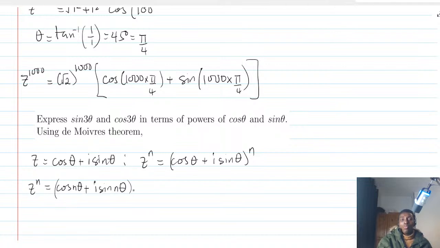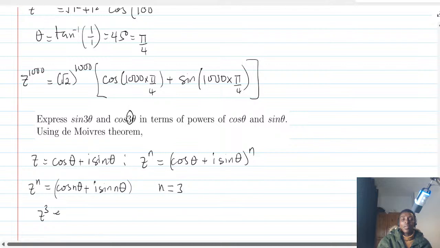Now let's apply it here. Because we see 3 here, we can assume that n is 3. So let's try to do z cube and see what will happen.